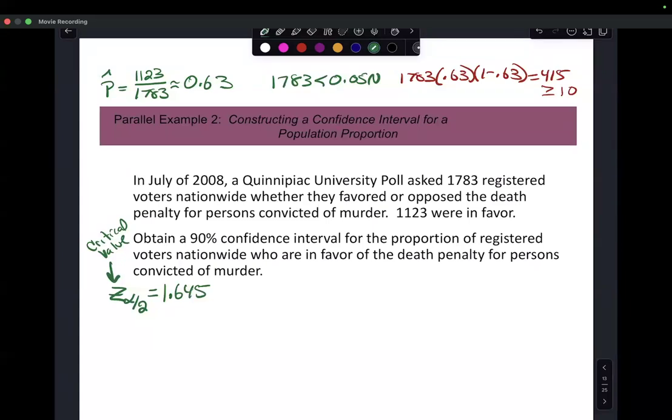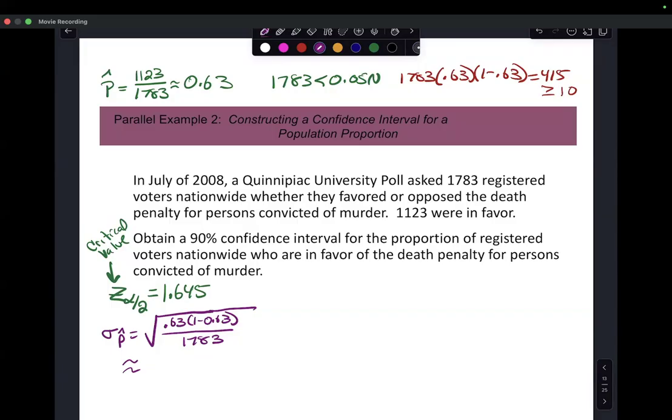Now I'm going to calculate the standard deviation. It's sigma sub p hat, the square root of p, which is 0.63, times 1 minus p, divided by our sample size. If you're careful with your parentheses, you absolutely can do this all at once in your calculator.